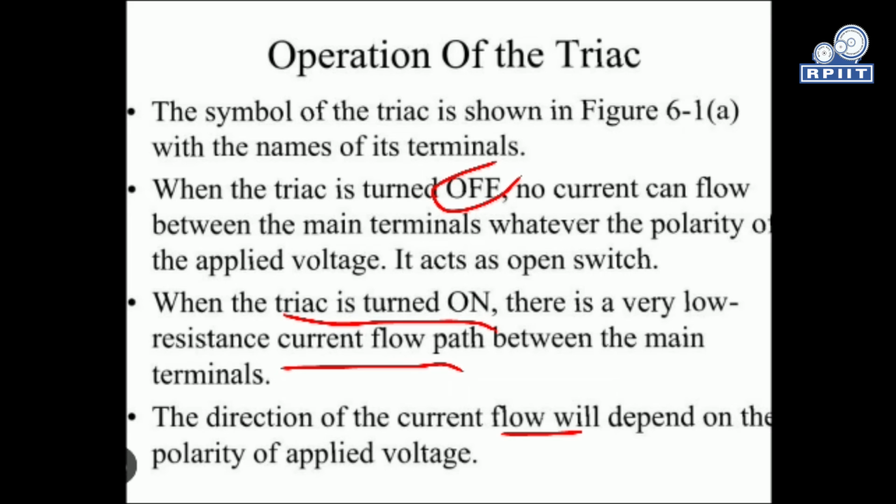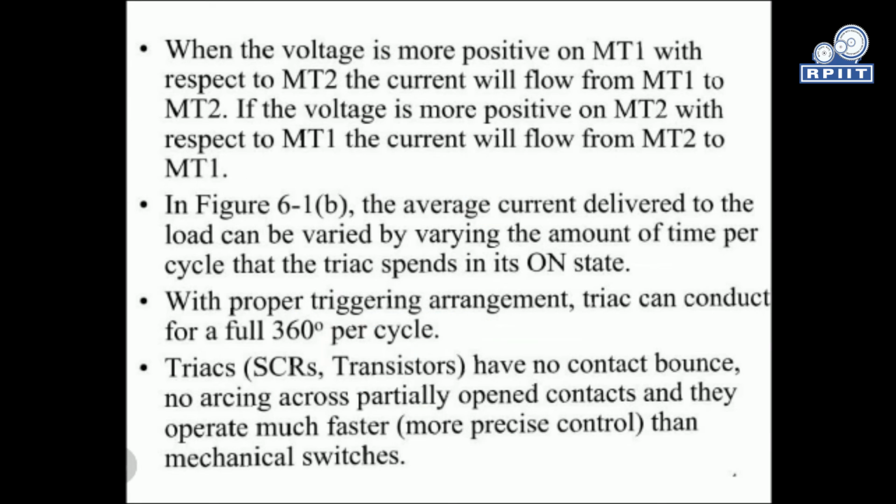As I already told, if MT2 is positive with respect to MT1, the current flows from MT2 to MT1, and similarly vice versa. When the voltage is more positive on MT1 with respect to MT2, the current flows from MT1 to MT2, and if the voltage is more positive at MT2, the current flows from MT2 to MT1. So this is the simple way, right?